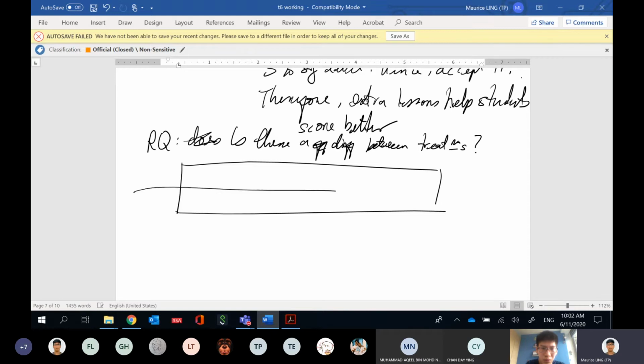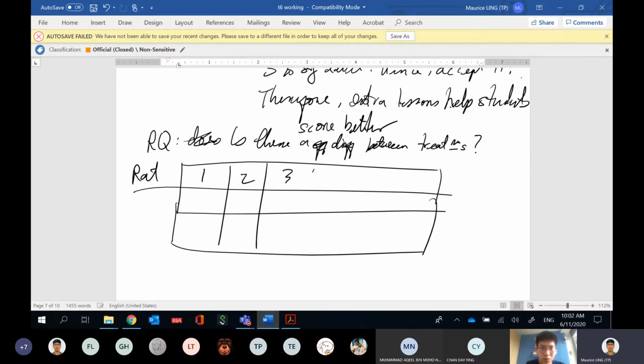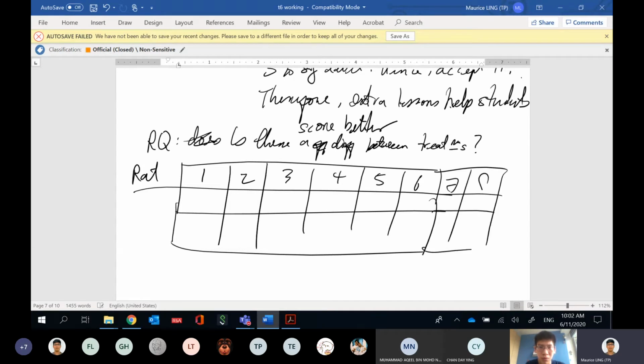Okay, so here, this is treatment of rats. This is rat 1, rat 2, rat 3, rat 4, rat 5, rat 6, and so on. Okay, so let's have 7 and 8 rats. Okay, so this is treatment A, treatment B. Okay, so here we have a weight.